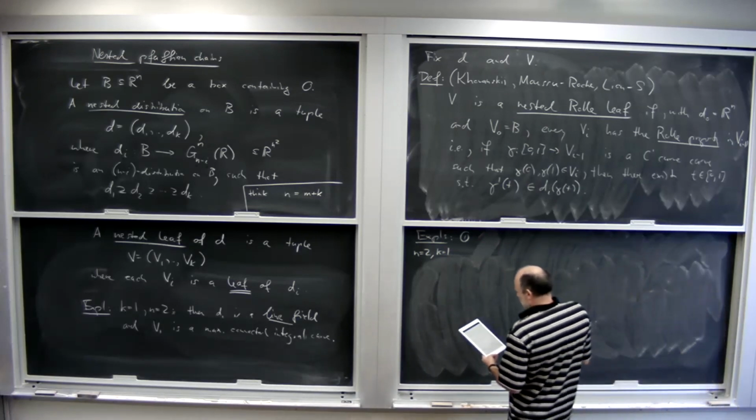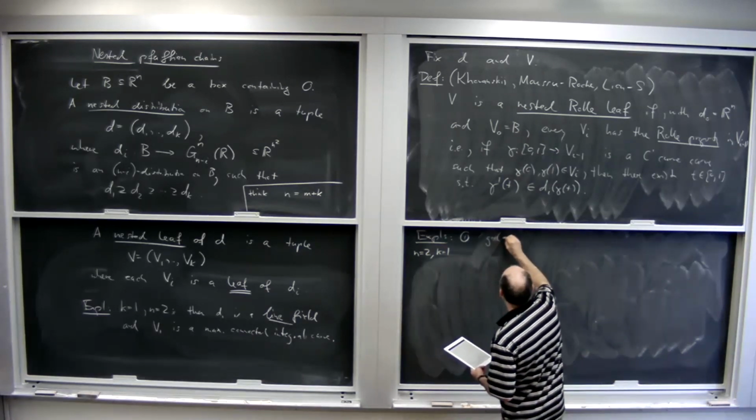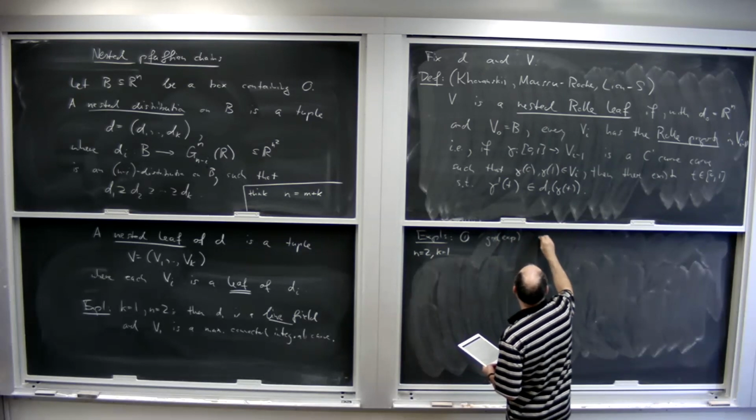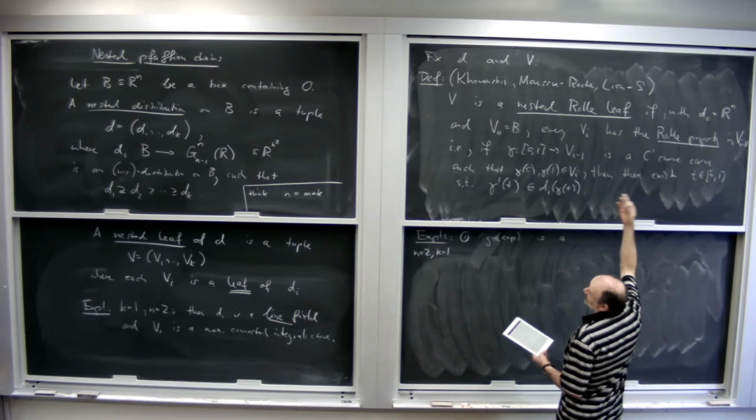So the graph of the exponential function, the graph of e^x, of course it's not nested because it's just a single thing.